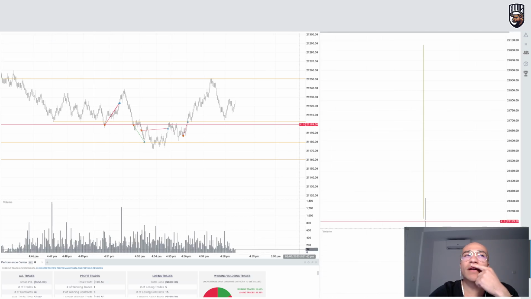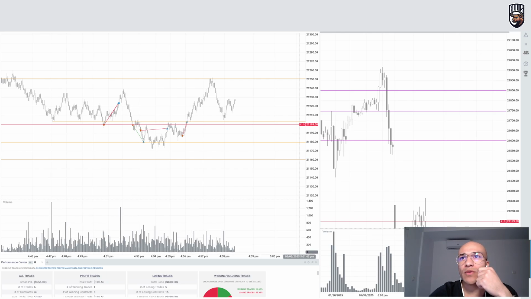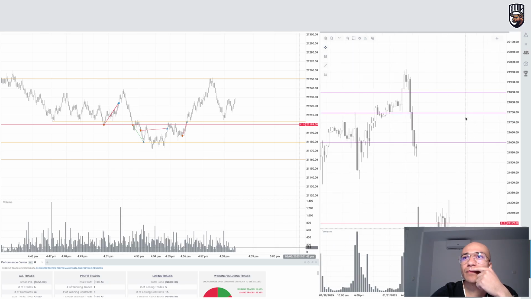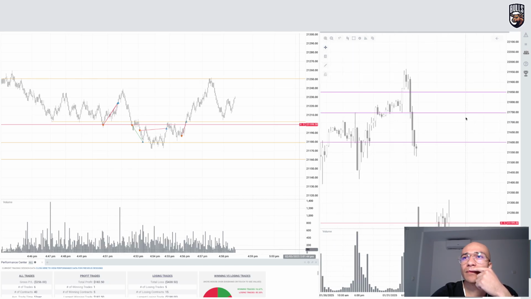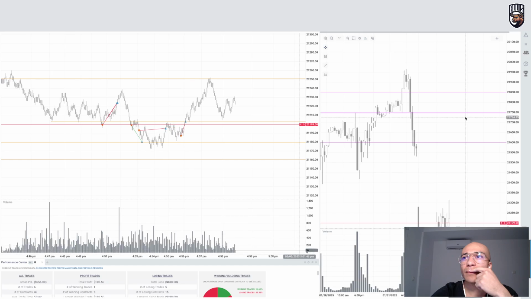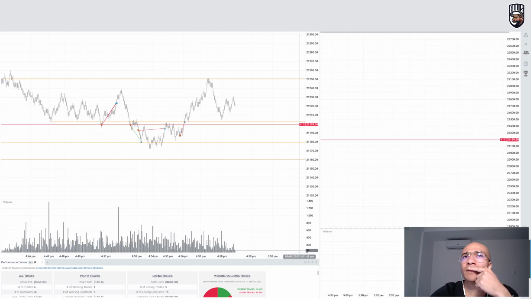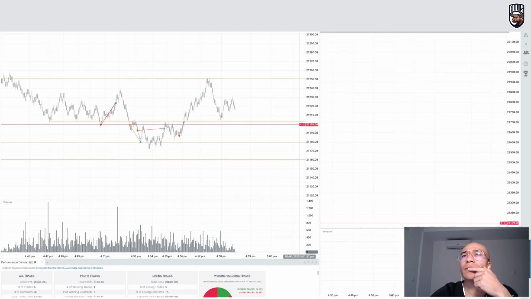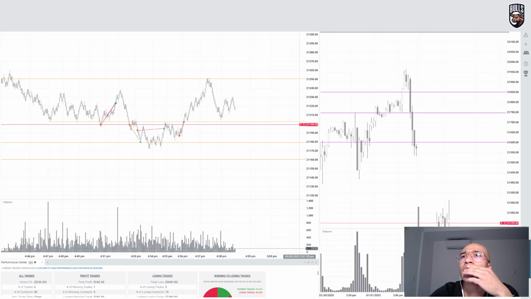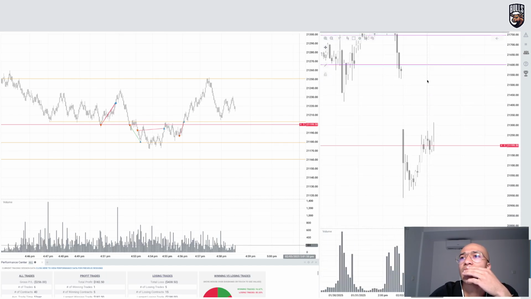So let's look at the 1 hourly. We have a new 1 hourly candle opening in about 2 minutes. Okay.